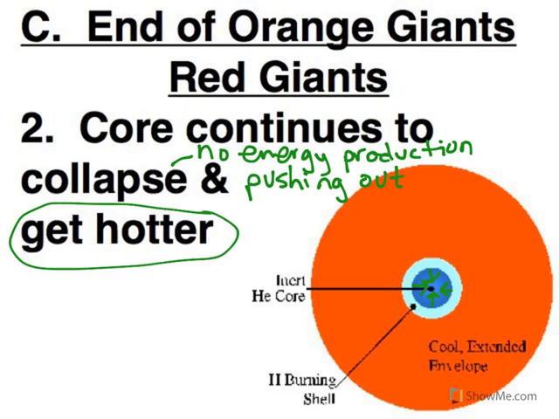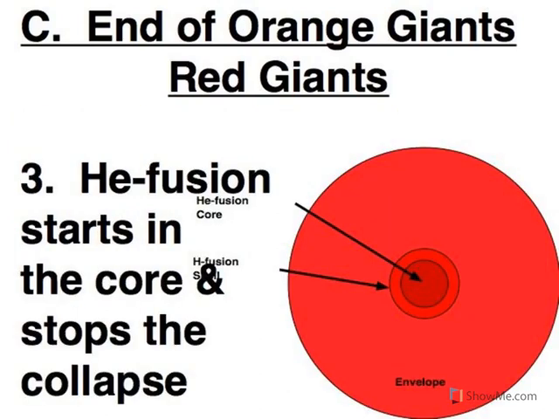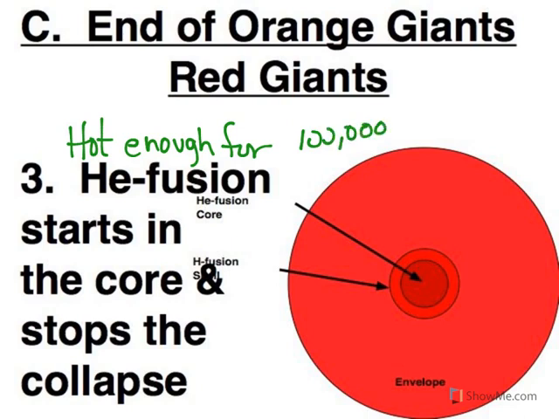So we have this helium getting hotter and hotter and hotter until it's hot enough for helium fusion. And that temperature is about 100 million Kelvin.